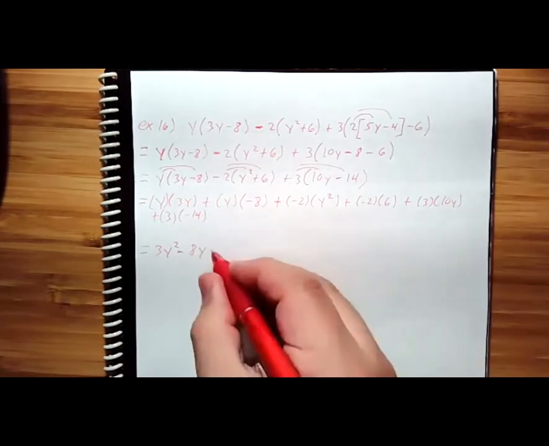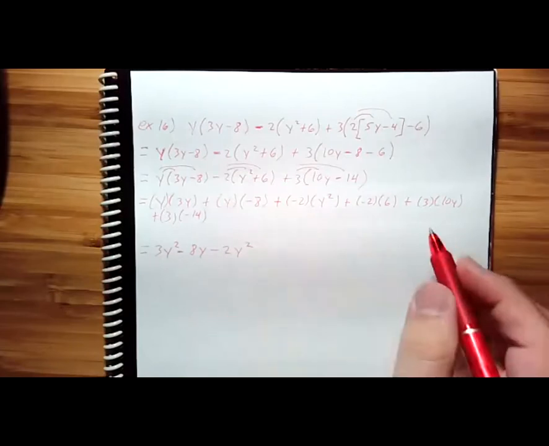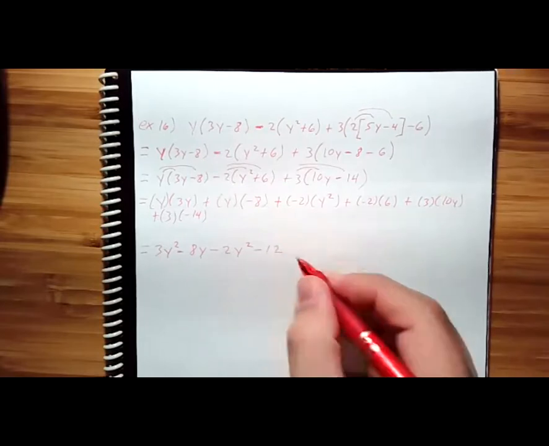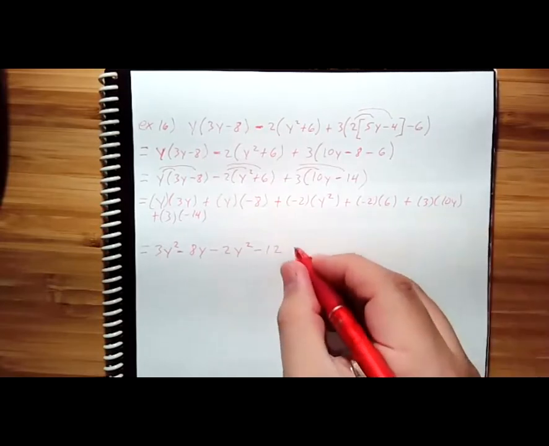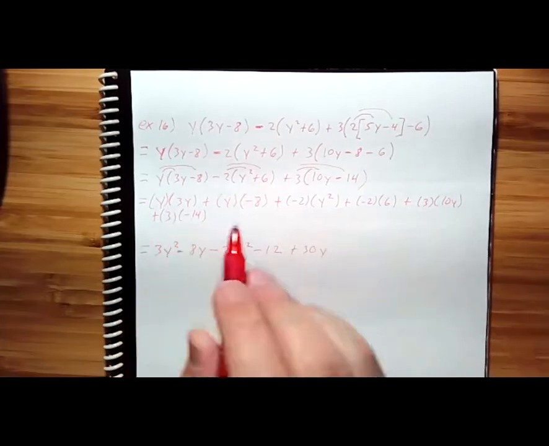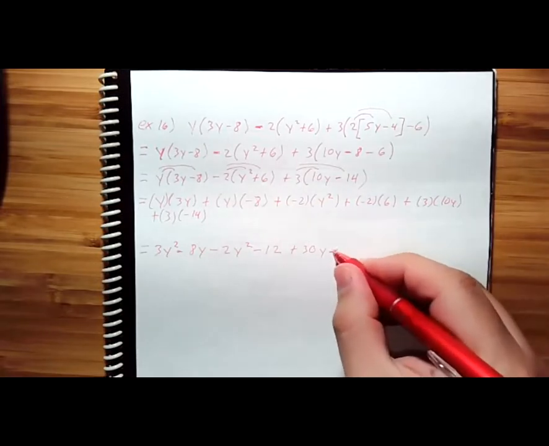This is the same type of deal. -2 times 6. 3 times 10. 3 times -14. What is 3 times -14? It's negative, right?